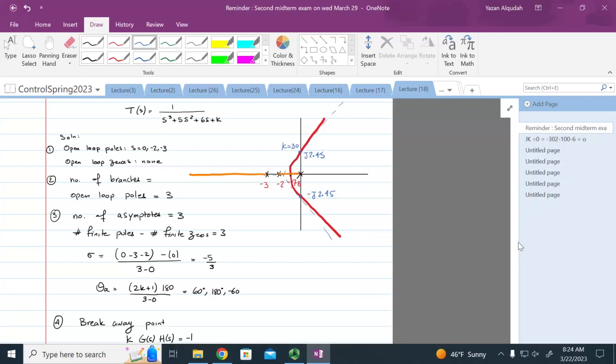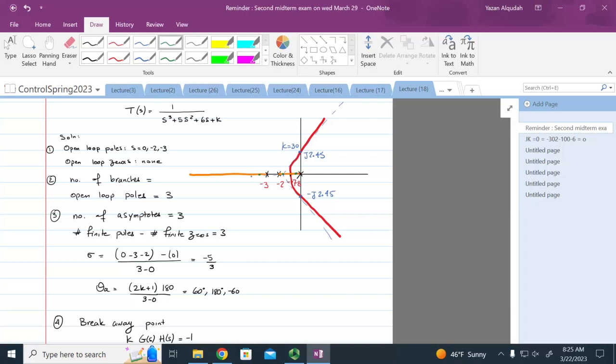Now, of course, you can see here, when k is very small, I'm going to have my poles somewhere here, somewhere here. What is that response going to look like? Stable. Which one? It's going to be overdamped, on the real axis.